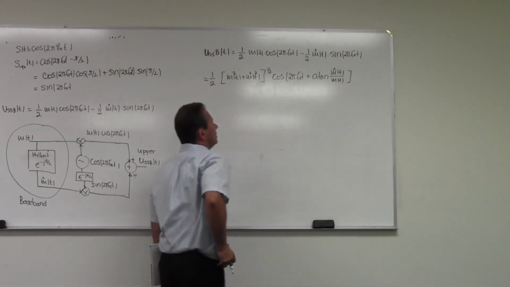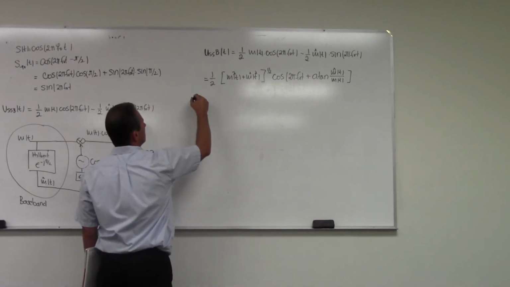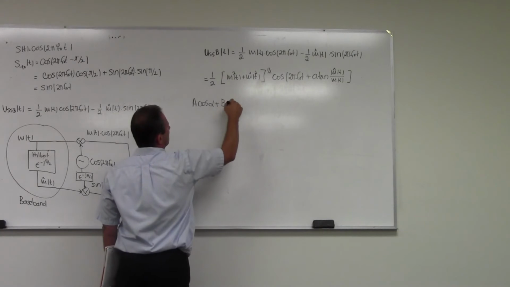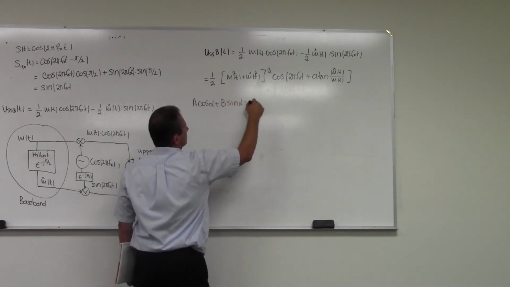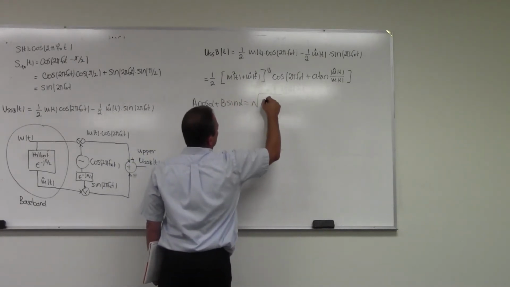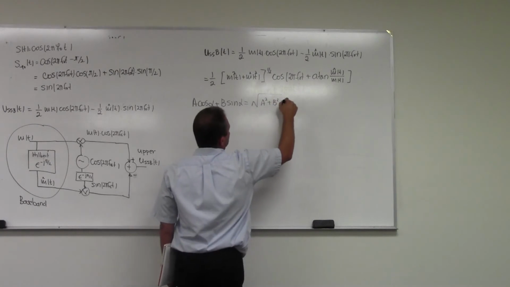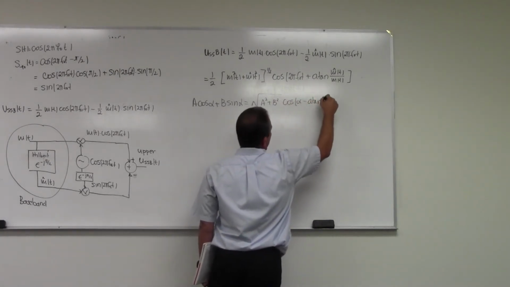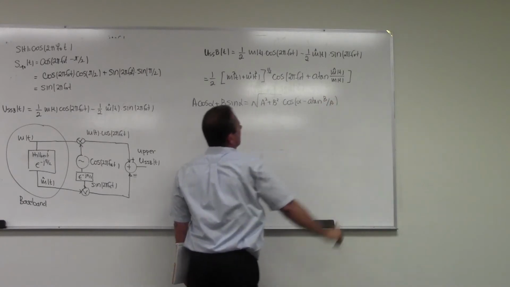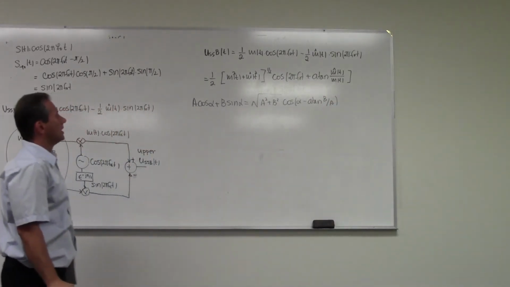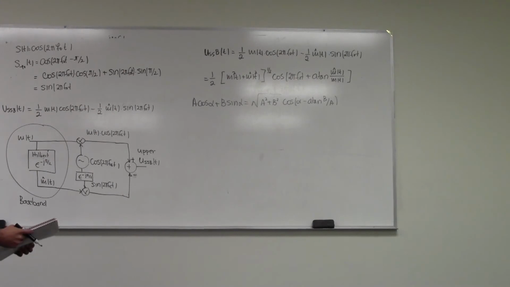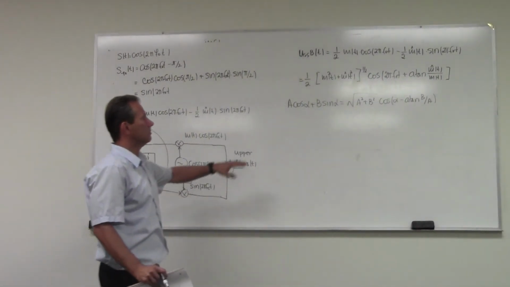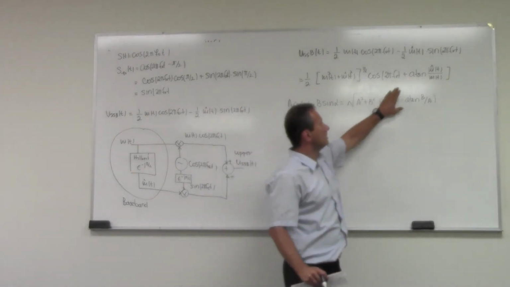What is it that I use here? I use our famous trig identity that a cosine alpha plus b sine alpha is equal to square root of a squared plus b squared times cosine of alpha minus arctangent b over a. That tells us that if I add sines and cosines of the same frequency, the result is always going to be a single sine or cosine with appropriate magnitude and appropriate phase.